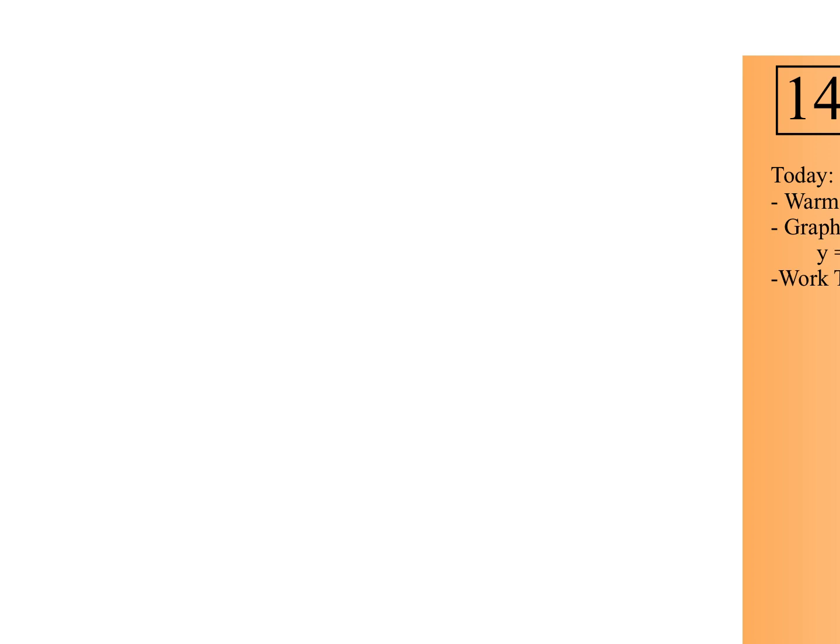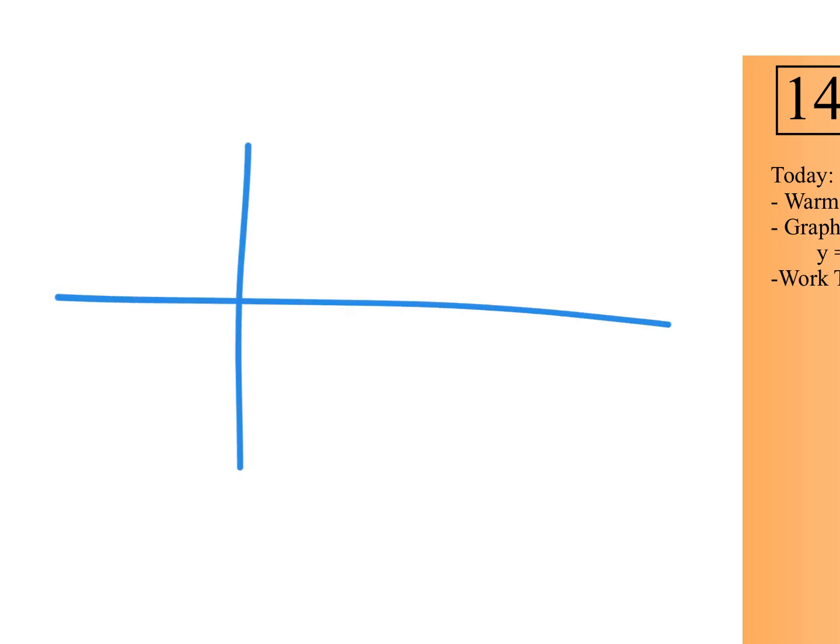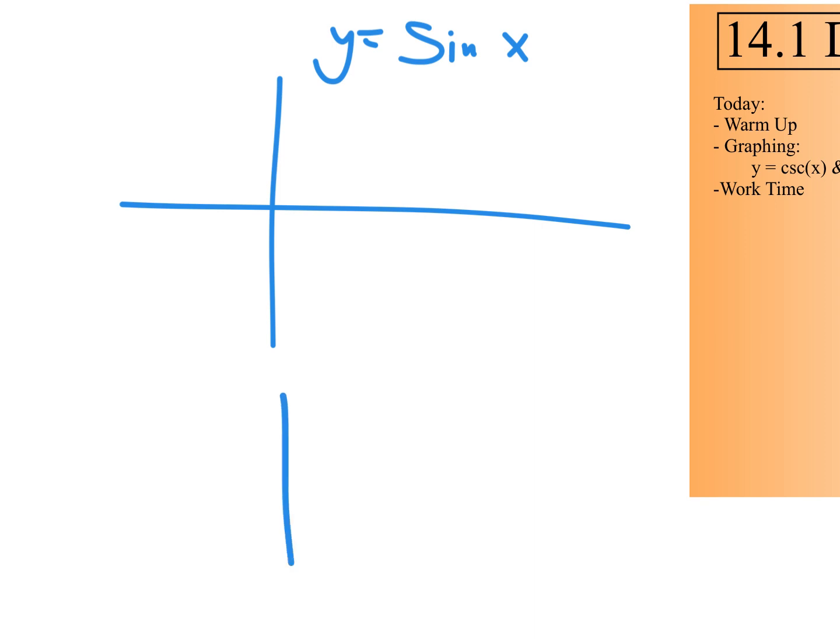So here's a typical normal sine graph. Would you please graph y equals sine of x, including all the x and the y-axis labels. This should be like the back of your hand. And then under that, make another graph for cosine.